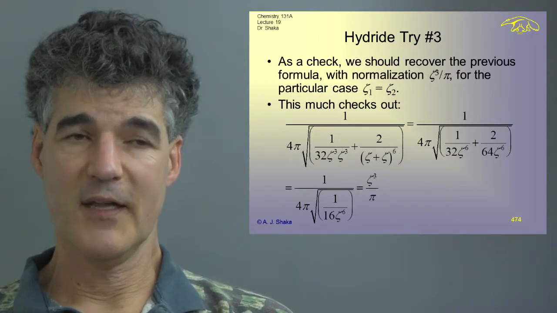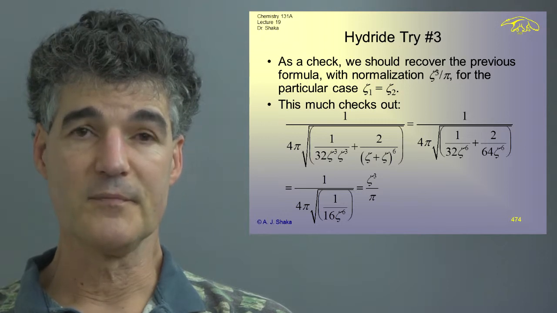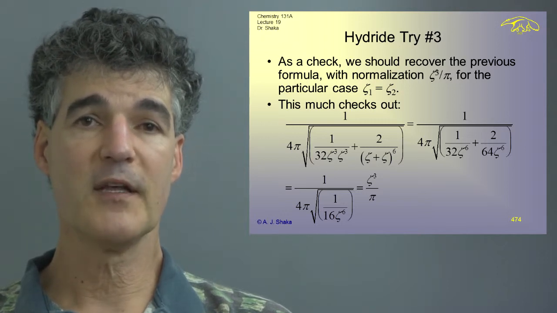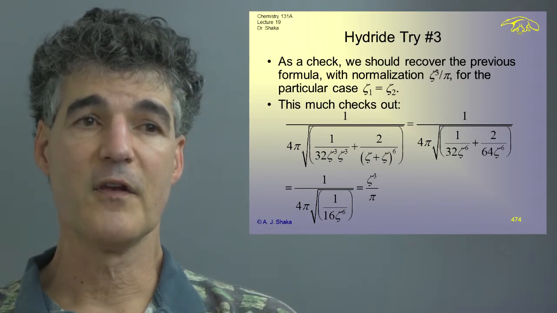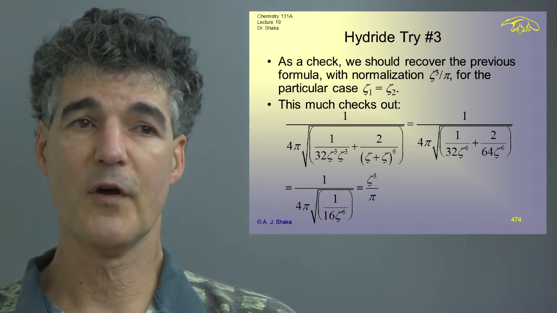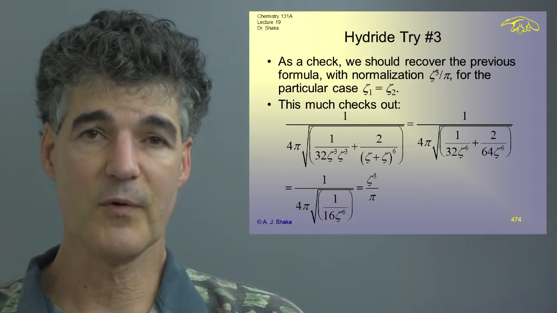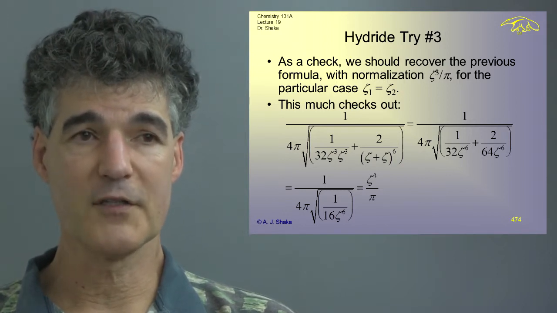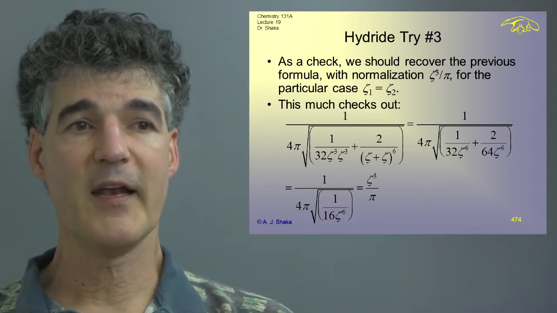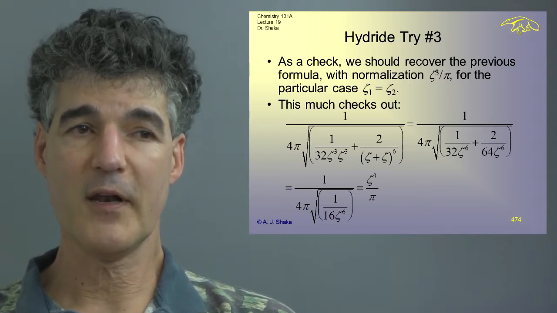Let's check. Let's put in zeta 1 equals zeta 2. We know from before, when we did the integral just with a single value of the parameter zeta, that the normalization was zeta cubed over pi. And of course, when zeta is 1, the normalization is just 1 over pi for a 2-electron wave function. Let's put that in, and we have to do a little bit of math here.